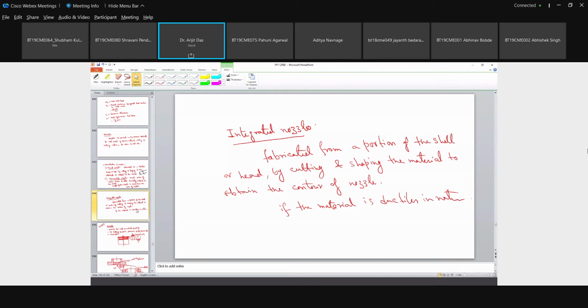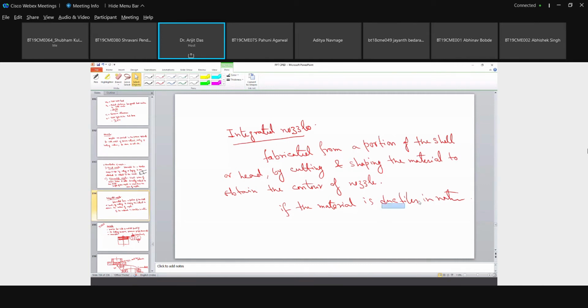That is known as the integrated nozzle. Though that is not much used, the nozzles can be prepared like this also, and this is termed as integrated. And for that the material should be ductile.